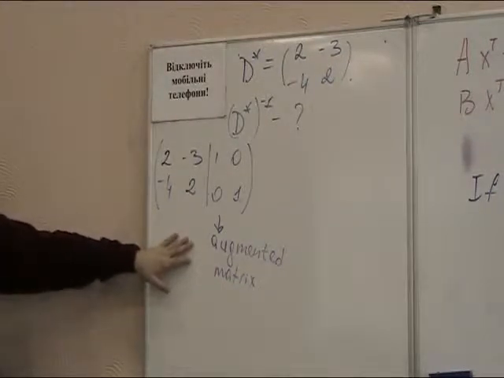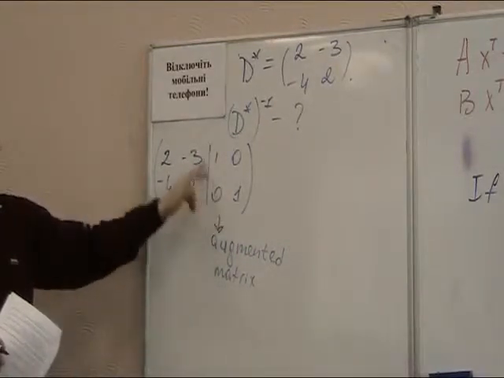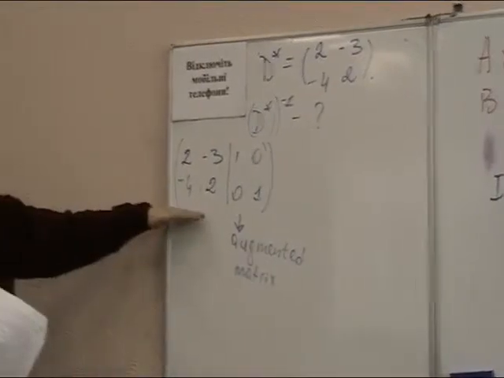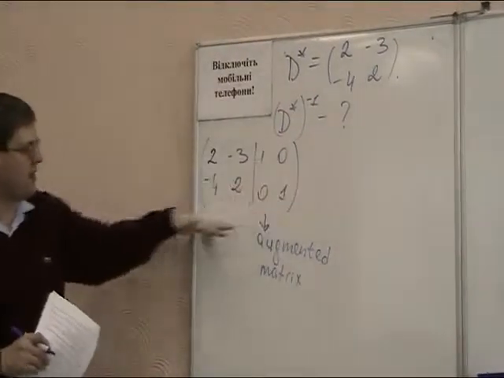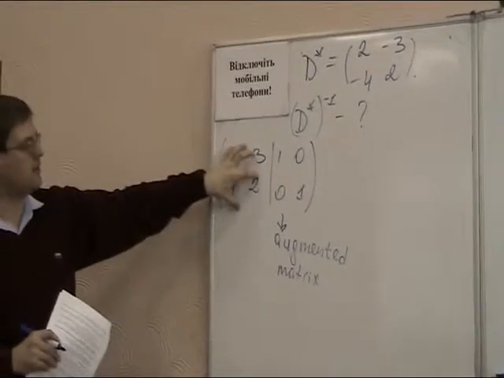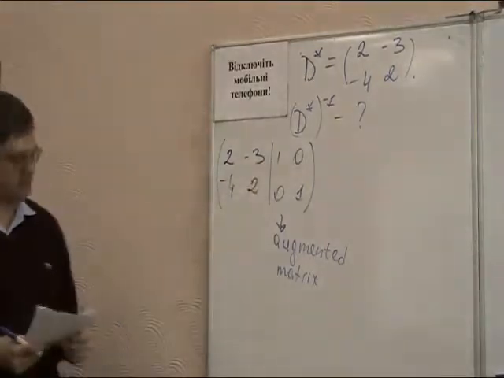It's just another fancy word in mathematics. So we add another matrix here. This matrix is called elementary. And we perform linear transformations of the entire matrix so that we have the elementary matrix on the left-hand side and something on the right-hand side. And then we are going to have the inverse on the right-hand side.